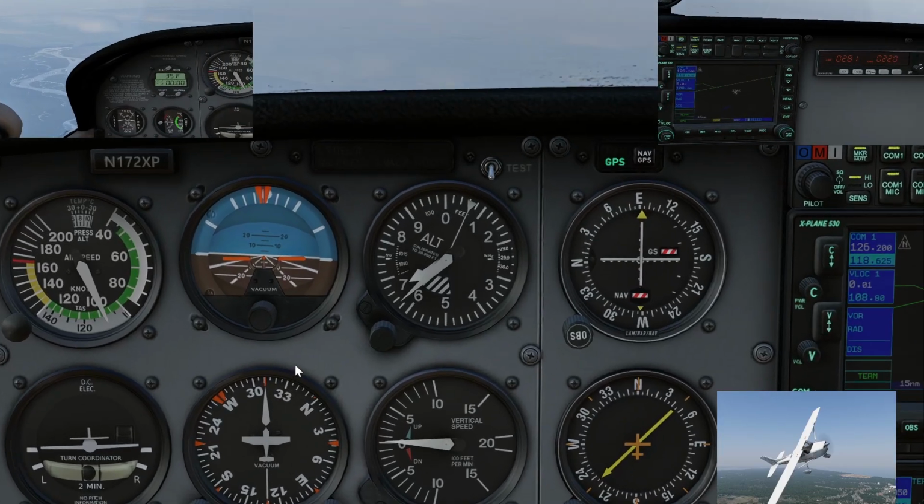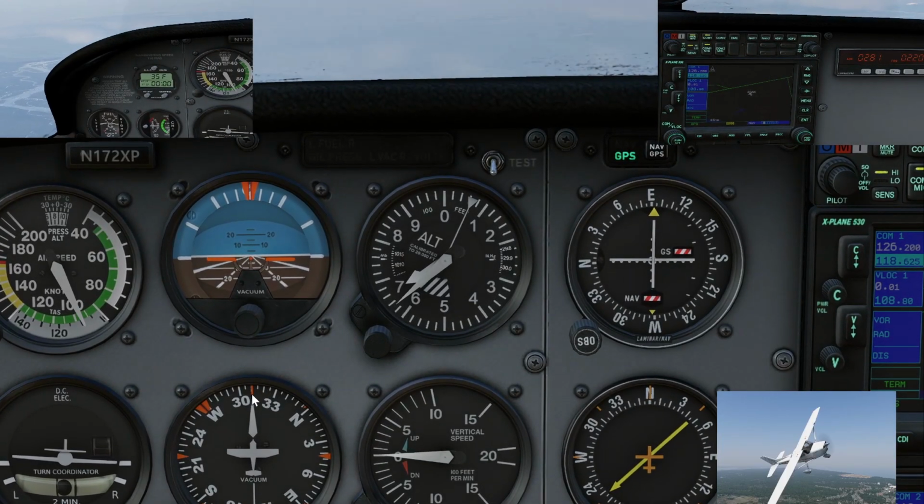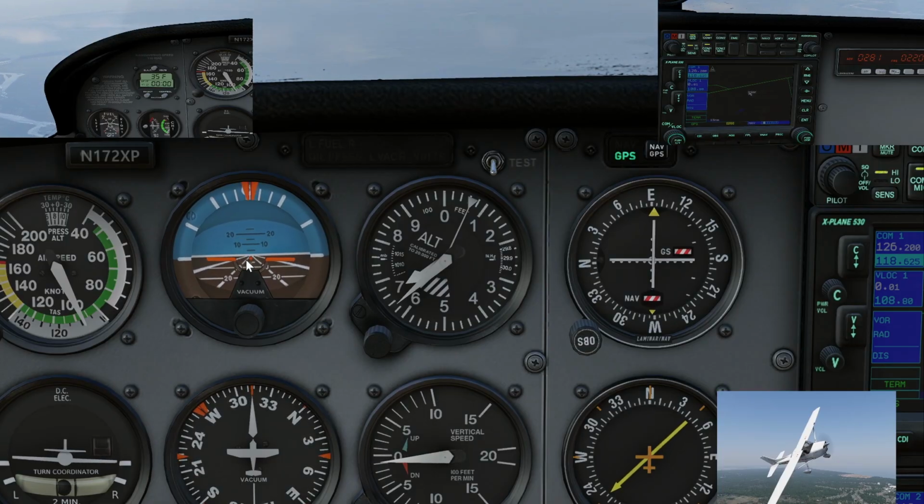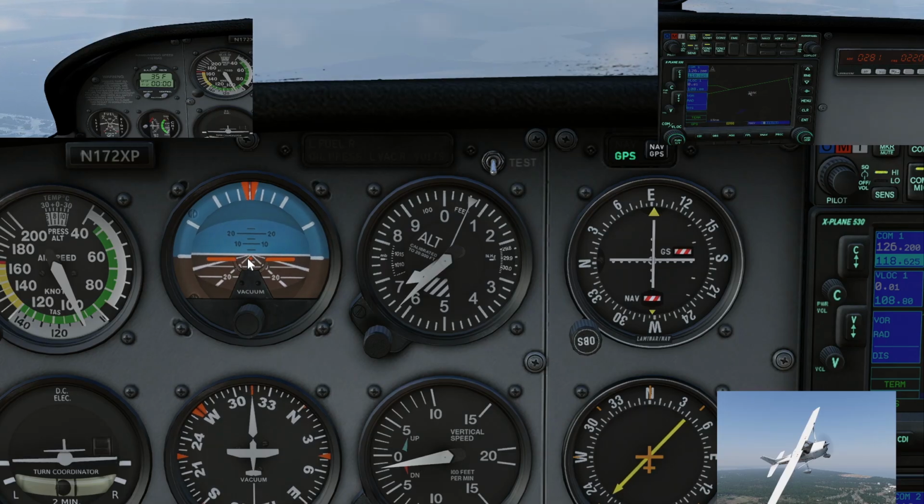See that? 310. Let's get to 312. That's how small these changes are. We are descending slowly. Little turns on the transition instrument right here. Get us back to 312.